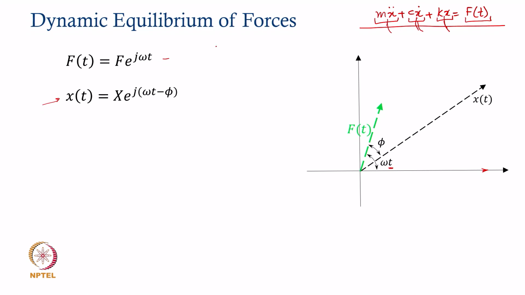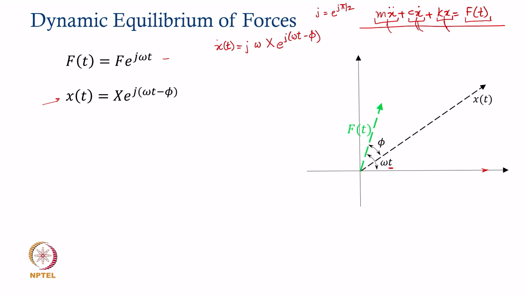I know that if I take the derivative of the response and write the velocity term, it is going to be j omega X e to the power j omega t minus phi. Now, you all know from Euler's identity, this j can be written as cos pi by 2 plus j sin pi by 2.